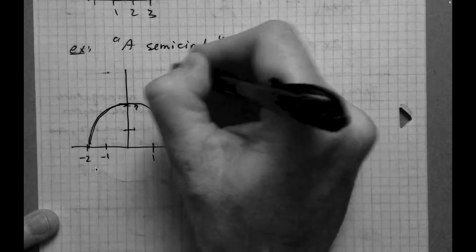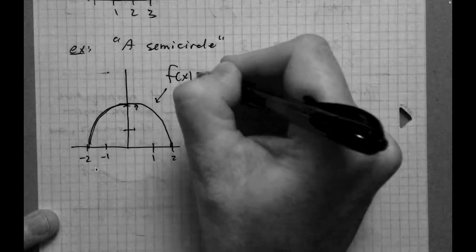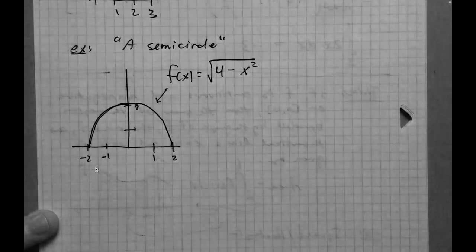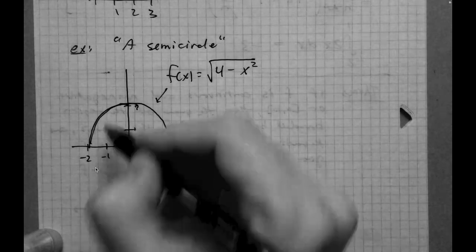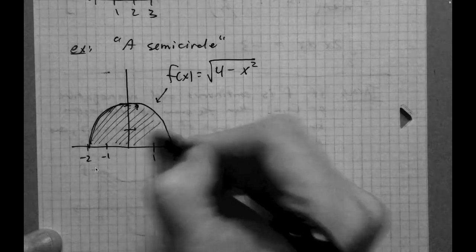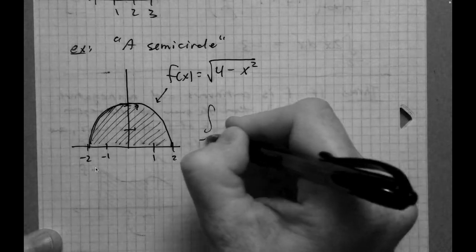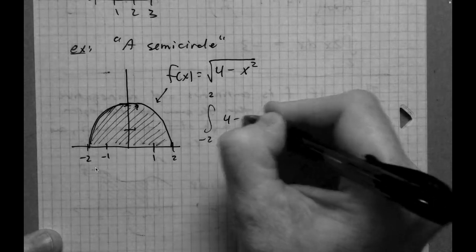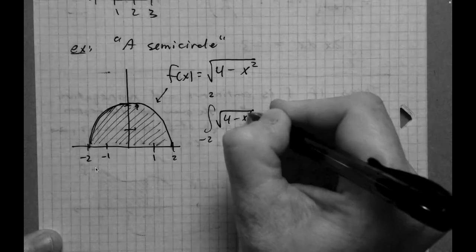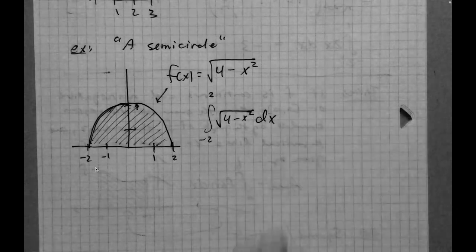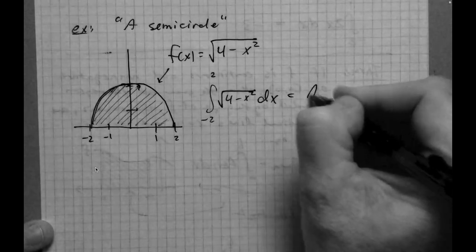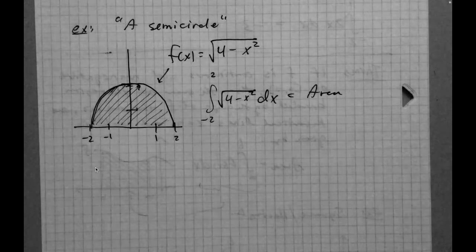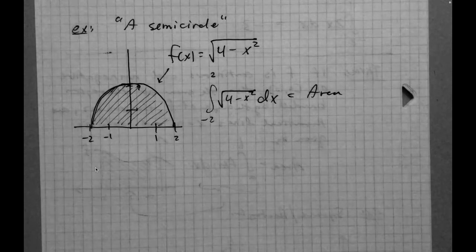Then this function here would be the square root of 4 minus x squared. And the area of the whole thing we could capture as the integral from -2 up to +2 of the square root of 4 minus x squared dx. So this would be the area of a semicircle. Okay, very good.